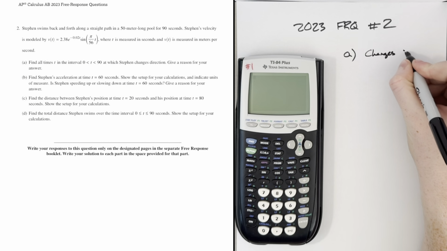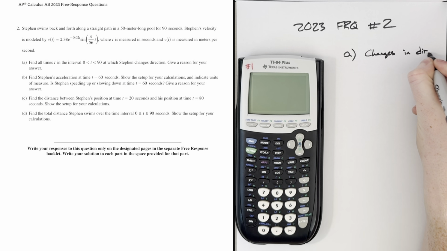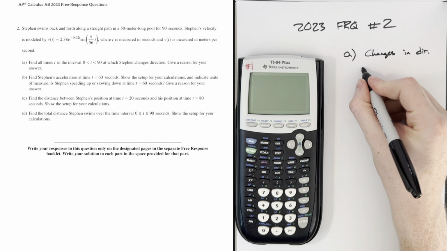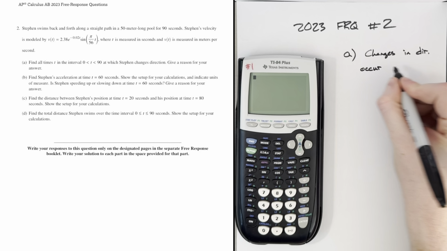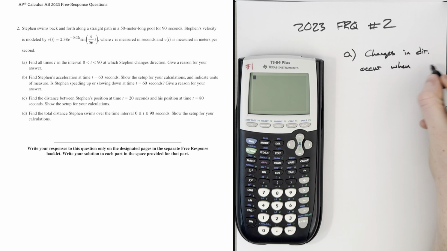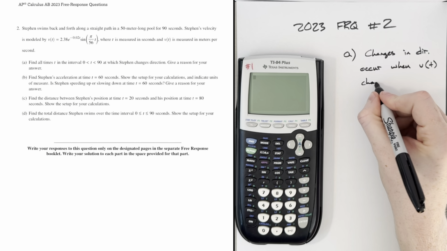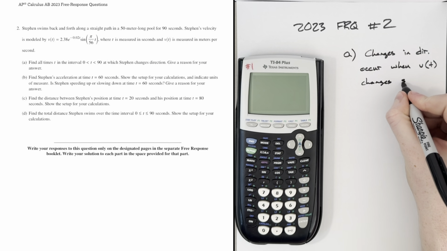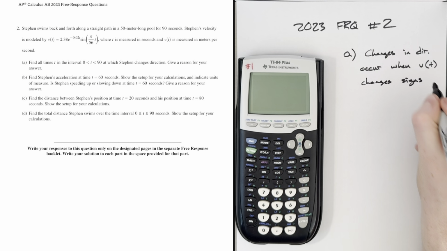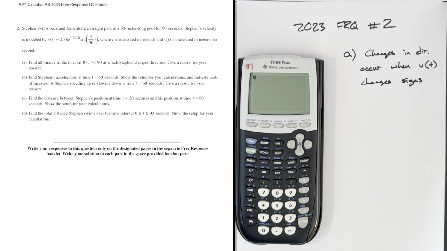But changes in direction occur when velocity changes signs. So when velocity goes from positive to negative or negative to positive, we will have a change in direction. It's like turning around, right?